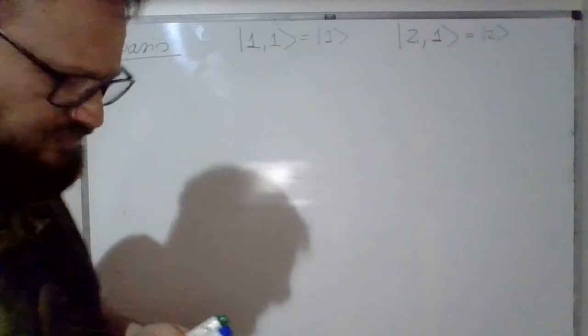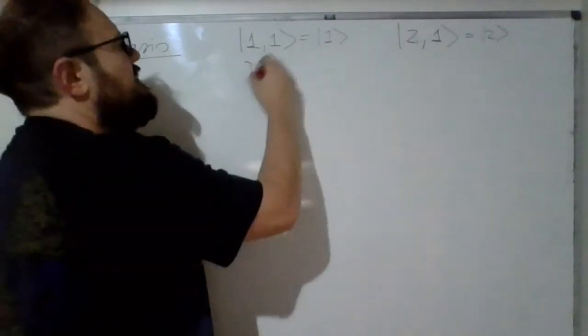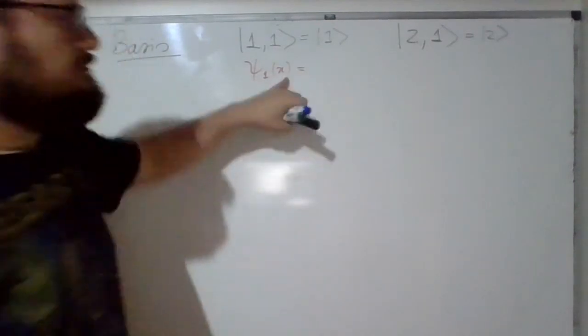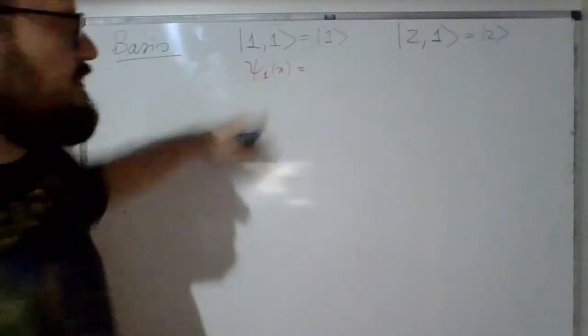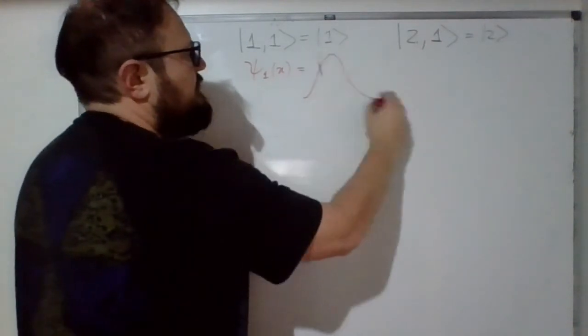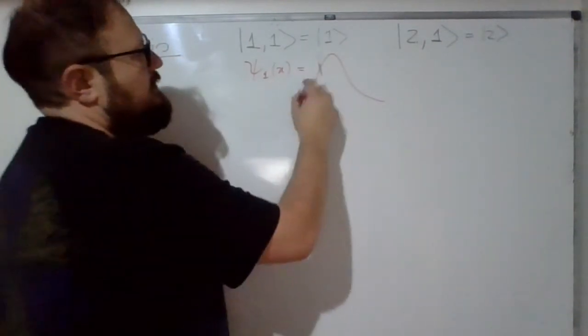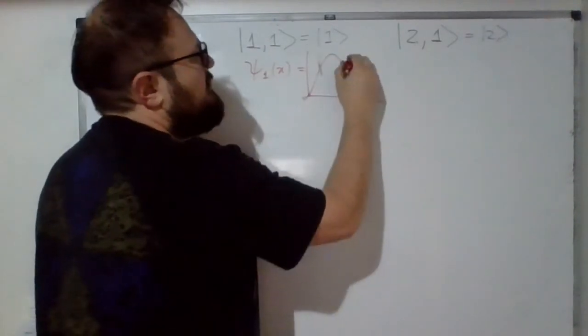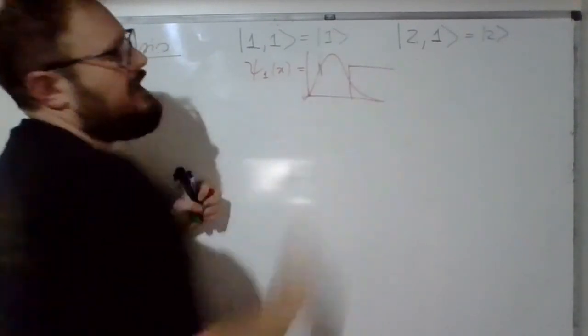This thing projected to the basis of position will look like something like this. All right? So 0 here, this is the box. It will look like this.